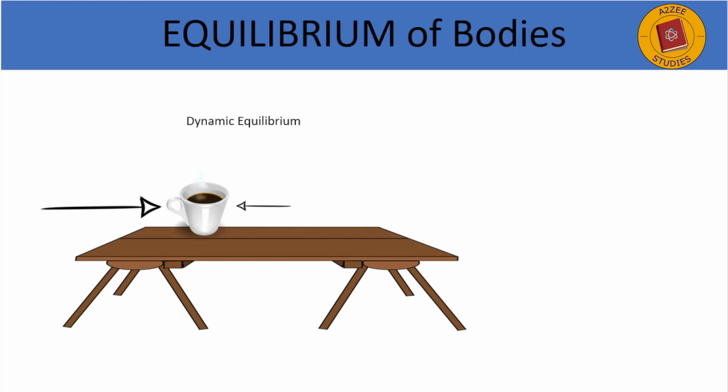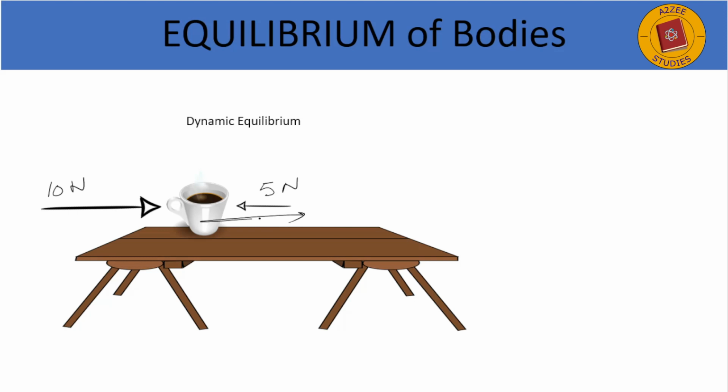Now there is dynamic equilibrium. What is dynamic equilibrium? When one force is greater, for example this is 10 Newton and this is 5 Newton, of course the body will be sliding this way.